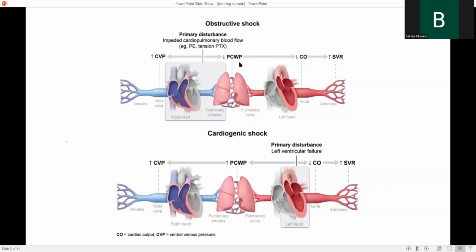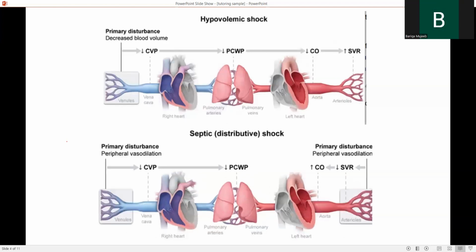No. Unlike cardiogenic shock, here the pulmonary capillary wedge pressure decreases, because the right side of the heart is not able to pump the blood towards the lungs, which ultimately leads to a decreased cardiac output. The body will try to compensate, the same mechanism follows, and systemic vascular resistance increases.